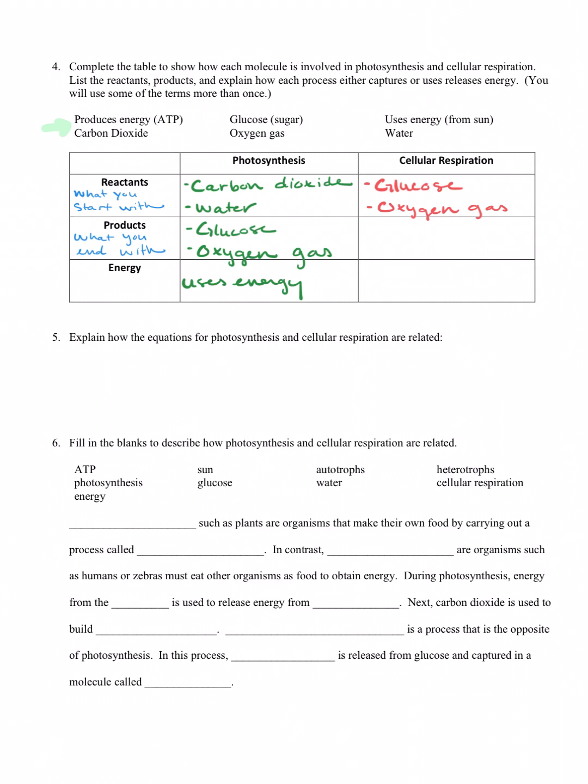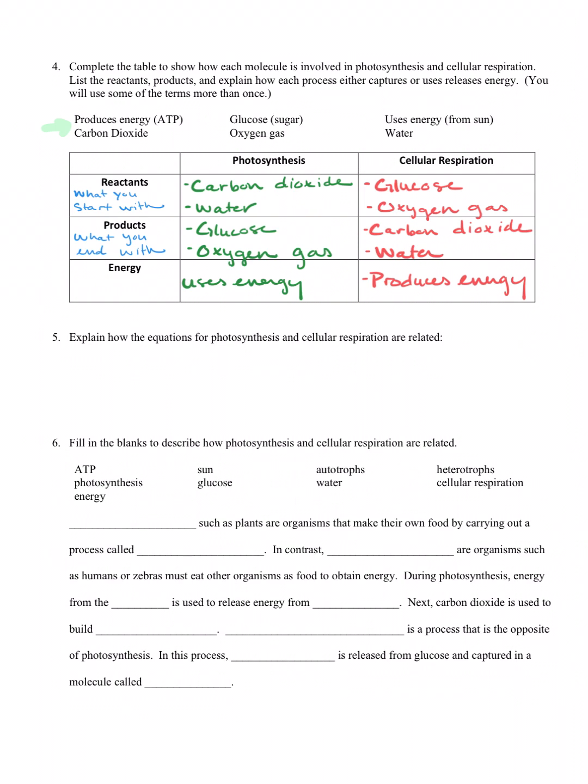The products of cellular respiration are carbon dioxide and water, and it also captures energy in the ATP molecule. So a major difference between these two reactions is that photosynthesis stores energy in glucose molecules and cellular respiration releases energy from glucose molecules.